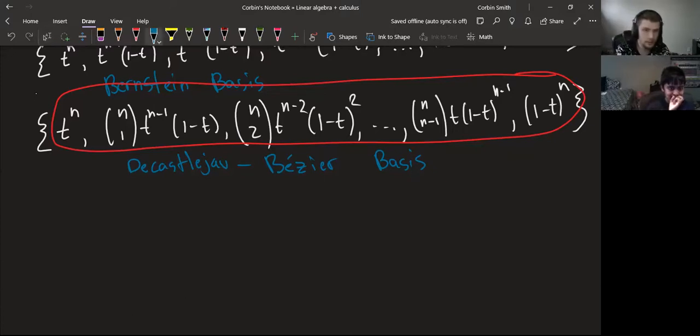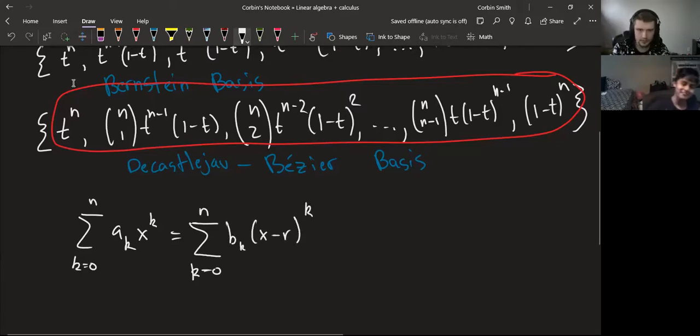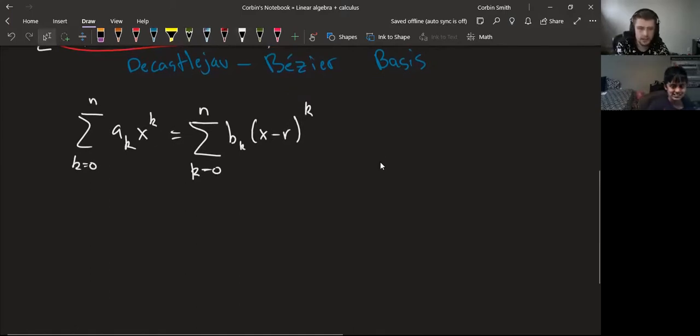So when we wanted to answer this question, how do we perform a change of basis? You divide by the original basis and multiply by the new basis. We saw that basically we could rewrite this equation, right?